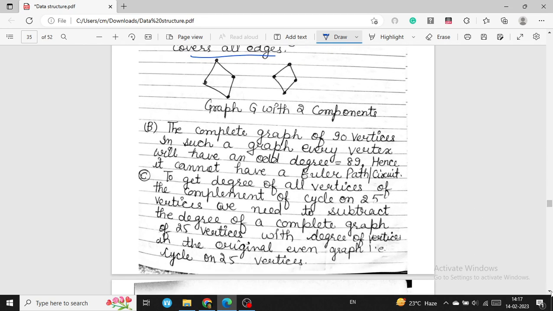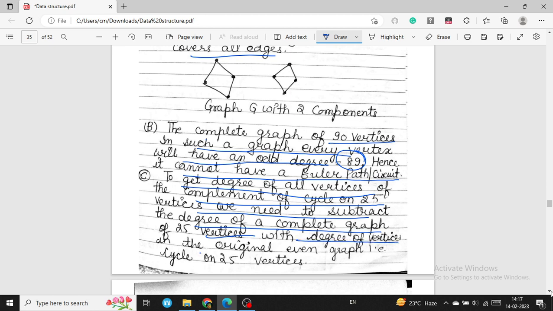It has two components. Consider the complete graph on 90 vertices. In such a graph, every vertex will have an odd degree equal to 89. Hence, it cannot have an Euler path or circuit. Next, to get the degree of all vertices of the complement of the cycle on 25 vertices, we need to subtract the degree of vertices in the original cycle graph from the degree in the complete graph on 25 vertices.